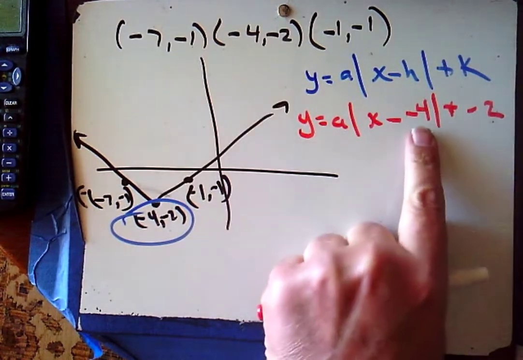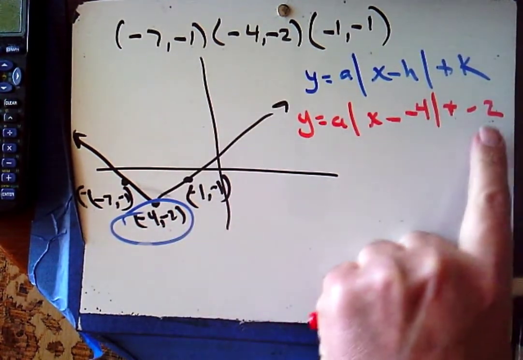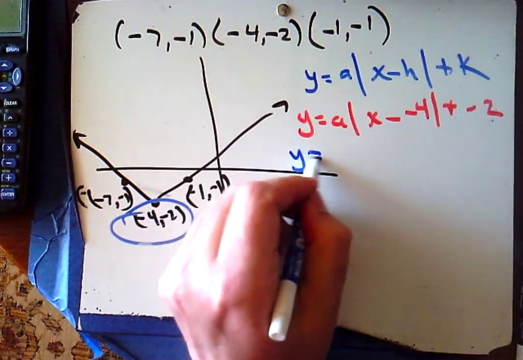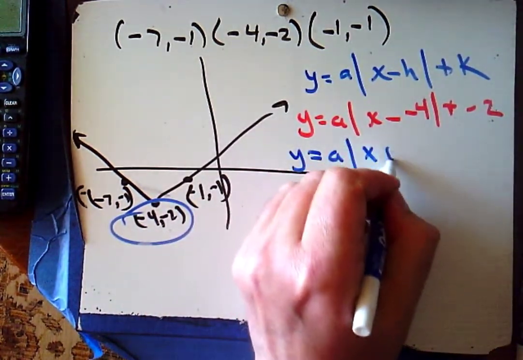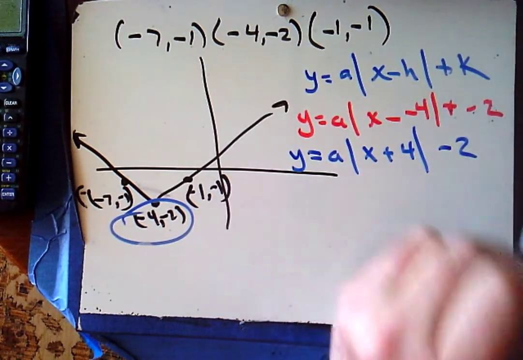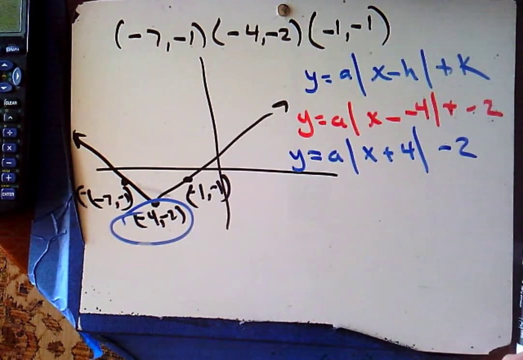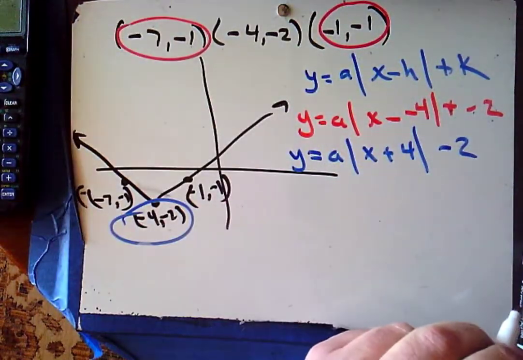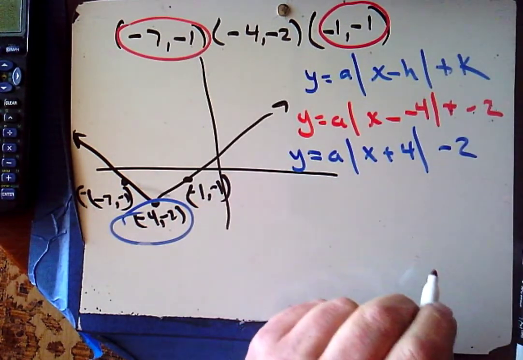So notice my h was negative 4, my k was negative 2. I think cleaning that up might be helpful on my brain. To be x plus 4, positive times negative is minus 2. We still need to go back and plug in another ordered pair, this or this, to help us find a.